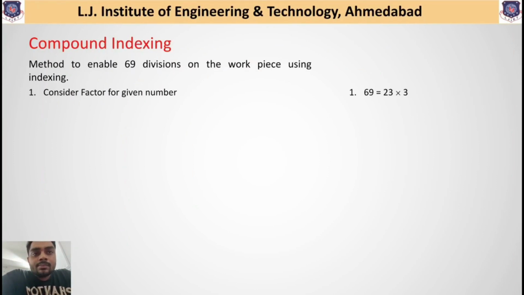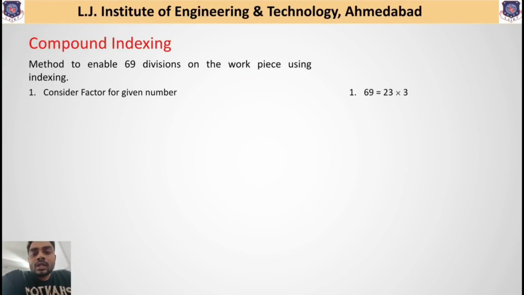Now for the second step, you must have basic knowledge of the Brown and Sharpe indexing plate, because in the compound indexing method also the universal dividing head will be used, and in the universal dividing head, as we know, the Brown and Sharpe indexing plate is used.